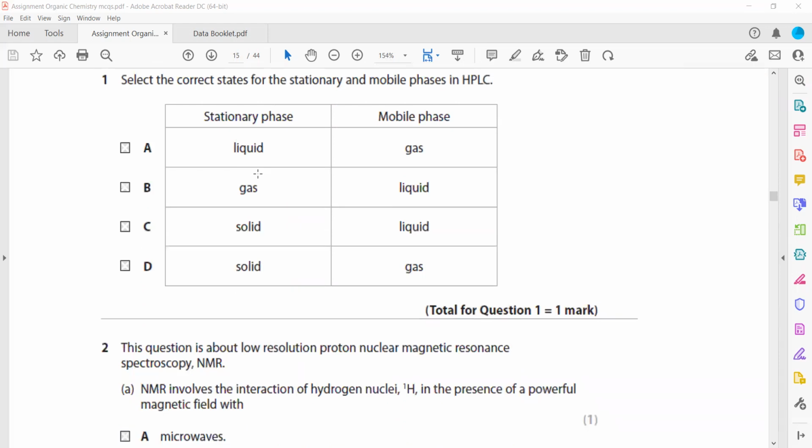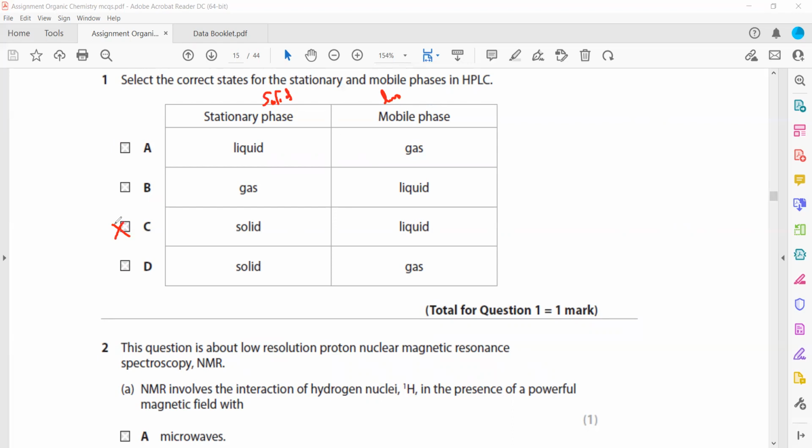Then select the correct state of stationary phase and mobile phase in HPLC, high performance liquid chromatography. So in high performance liquid chromatography or HPLC, the stationary phase is a fine solid and the mobile phase is a liquid. So that's why C is the right answer.